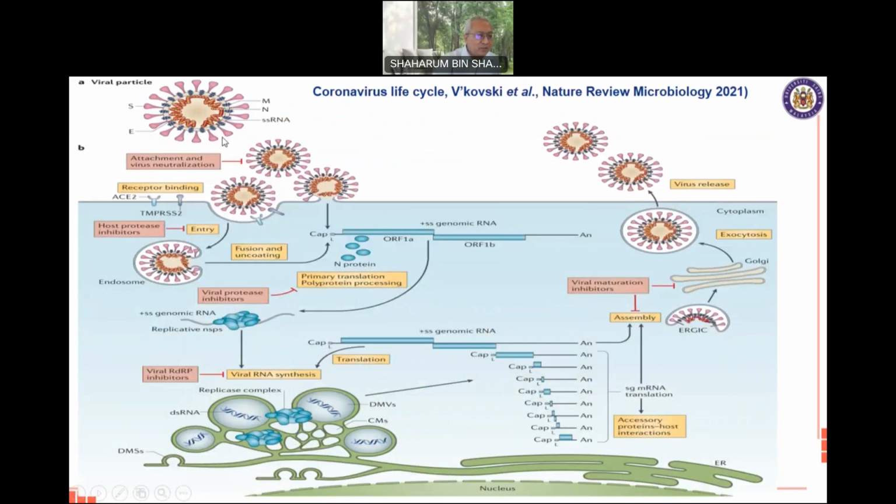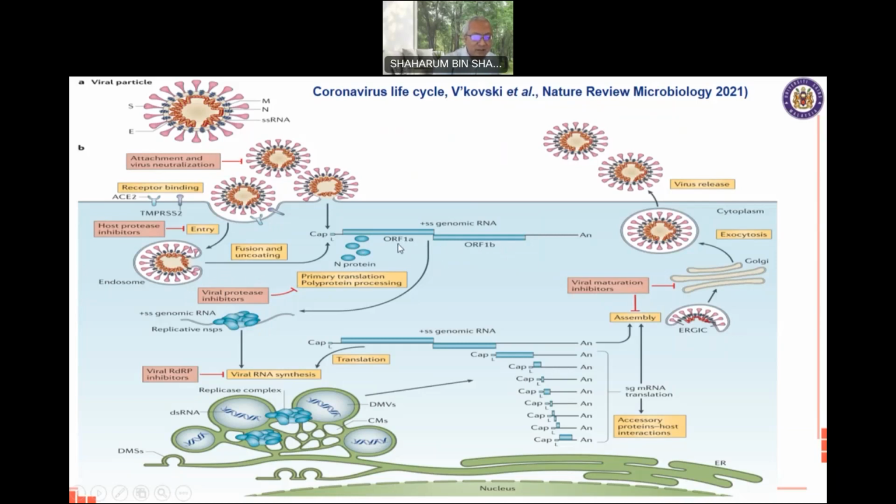So once the virus infects the human cells by using the binding of spike protein to the ACE2 receptor, it will allow the whole virus to go inside the cells, and then there will be a somewhat long process where all the genetic material of the virus will come out and carry out all the transcription and also the translation.